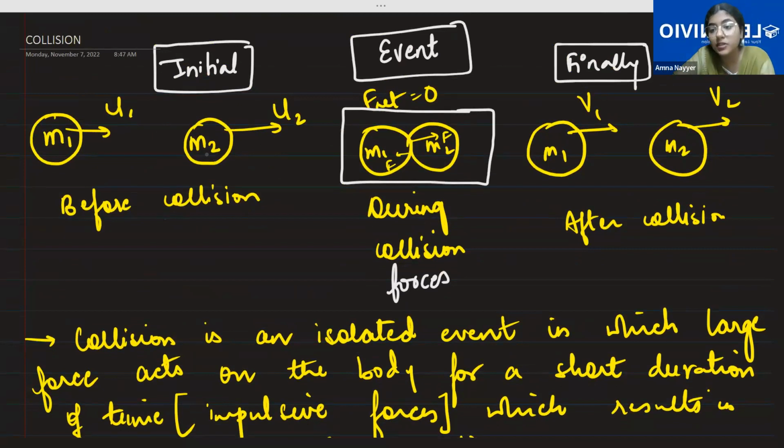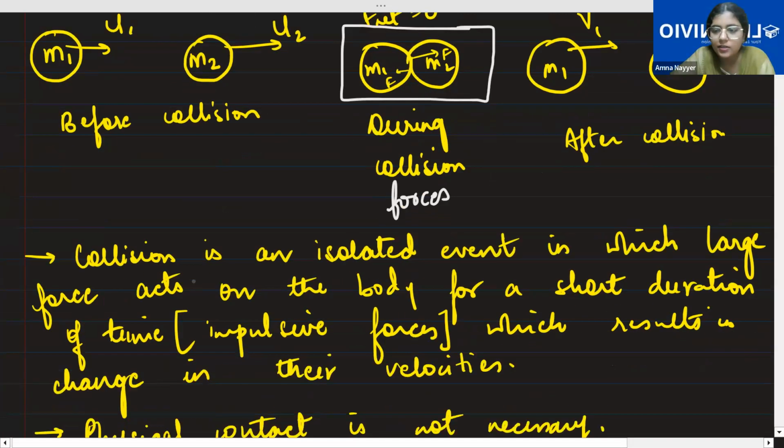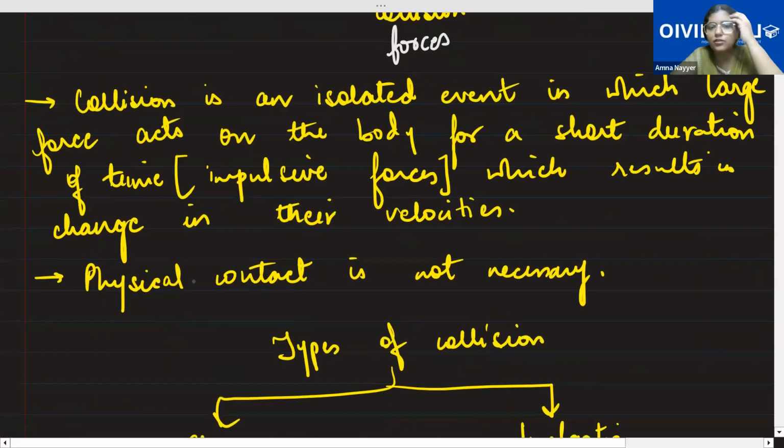What if the other body was at rest and this came and collided with it, like the game of pool we play? A long stick is there, you strike the main ball, and it hits the rest of the balls at rest. This is also a complete example of collision.